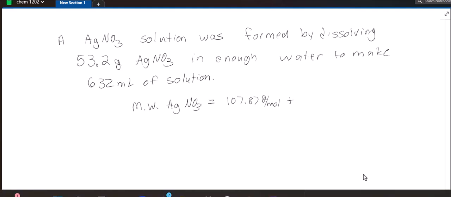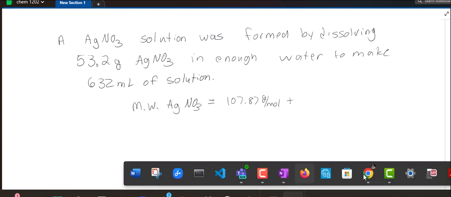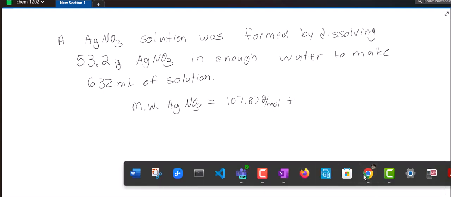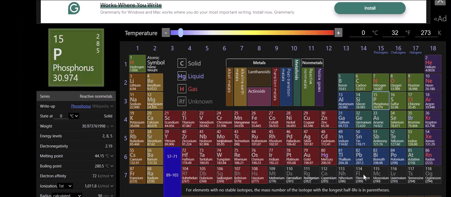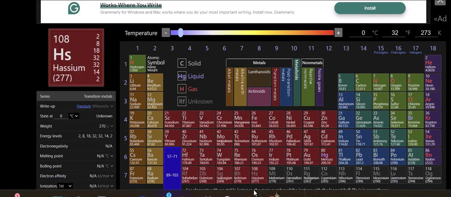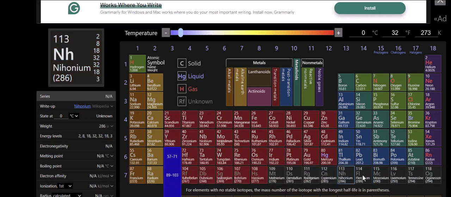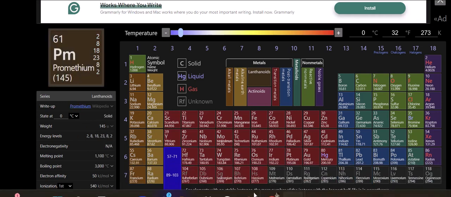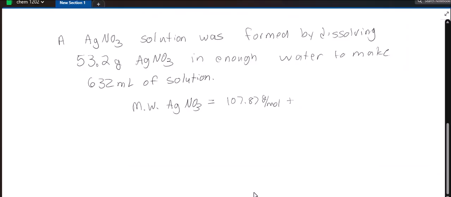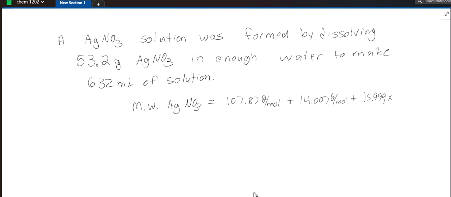And nitrogen is about 14.007. And oxygen is 15.999, and I have 3 of them, so I'm going to multiply that by 3.